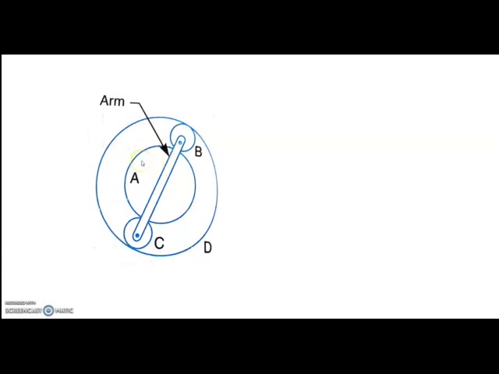For simple gearing, we will write NA by NB is equal to TB by TA. Whereas for this epicyclic gear train, we will write NA minus NR divided by NB minus NR is equal to minus TB by TA.